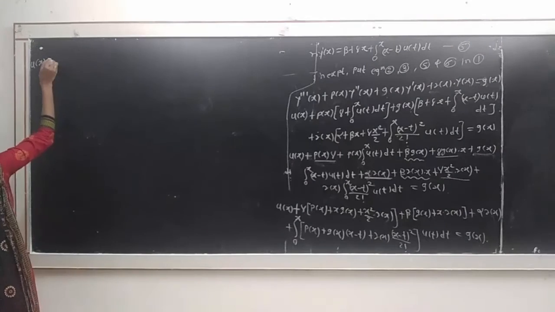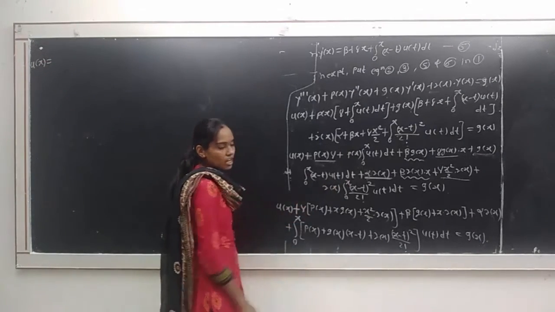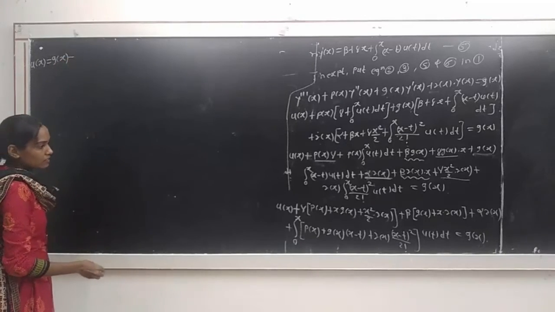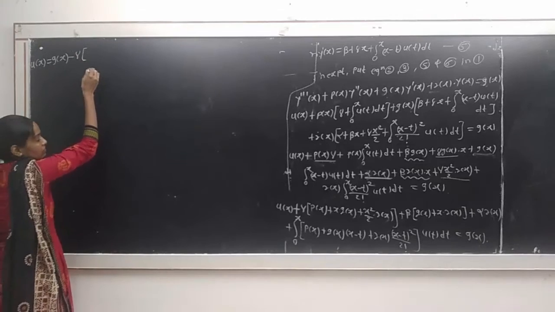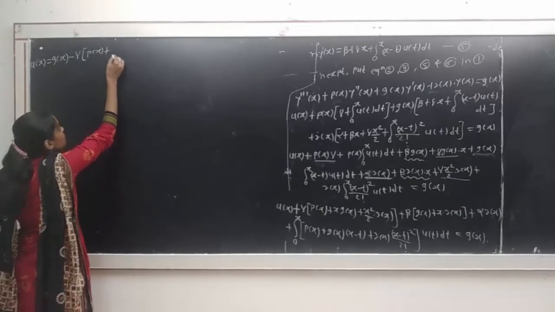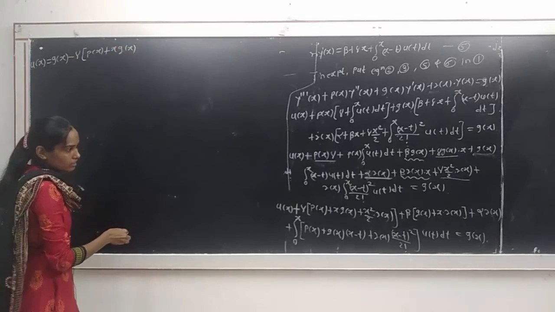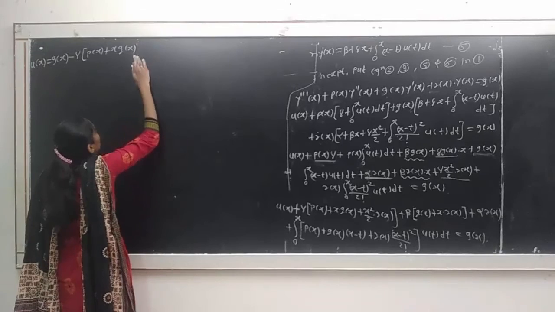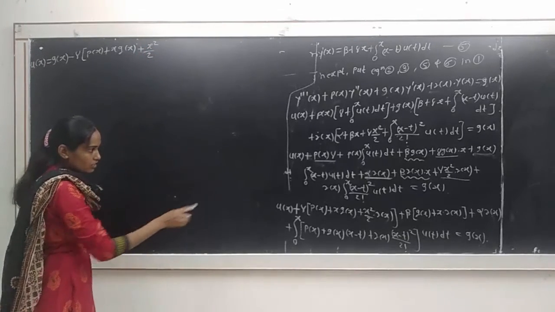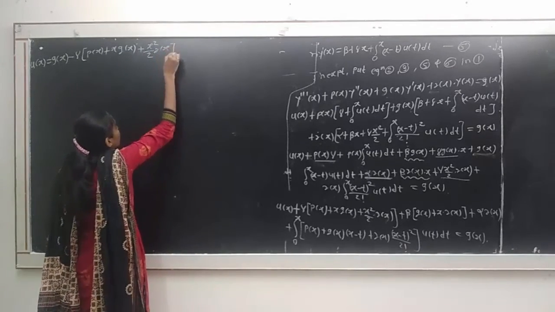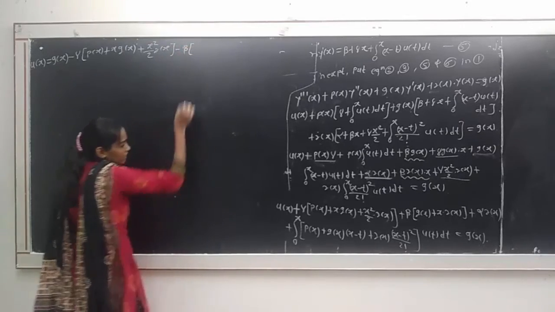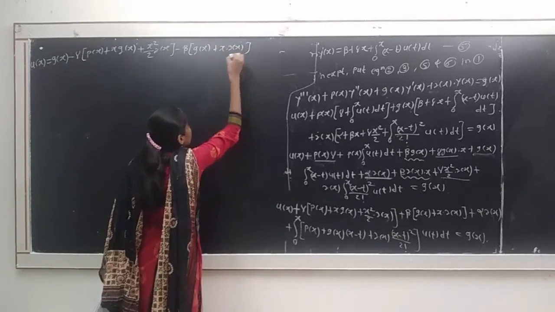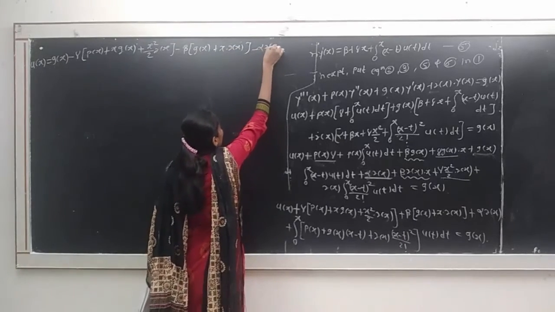that is u of x is equal to, we shift all these terms to the RHS, we get u of x is equal to g of x as it is, minus first gamma in bracket p of x plus x into q of x plus x square divided by 2 into r of x, minus beta in bracket q of x plus x into r of x, minus alpha into r of x.